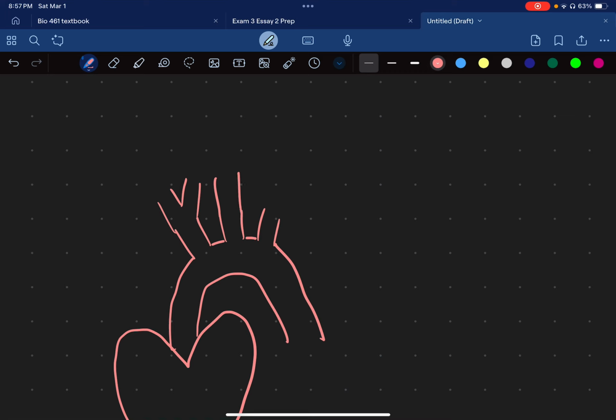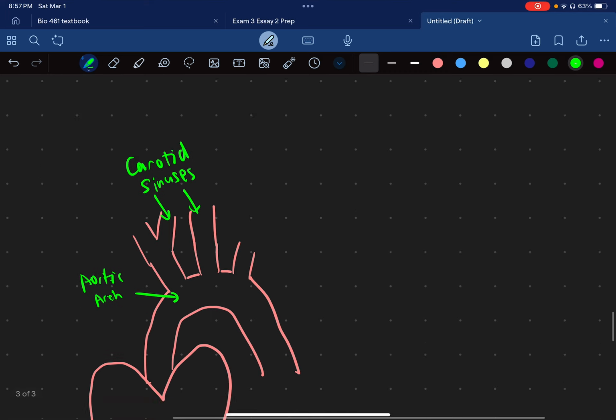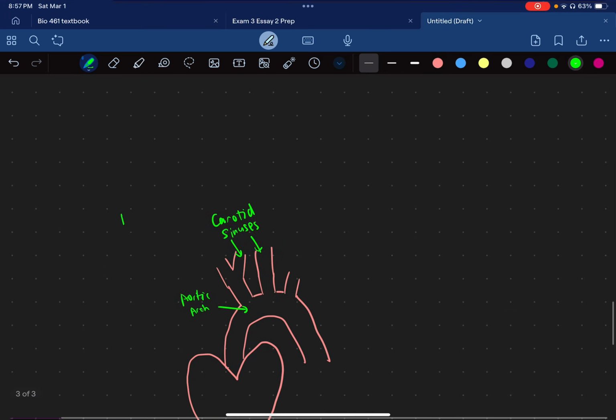So what's going to happen is our baroreceptors are actually going to be located in the aortic arch and in the carotid sinuses.